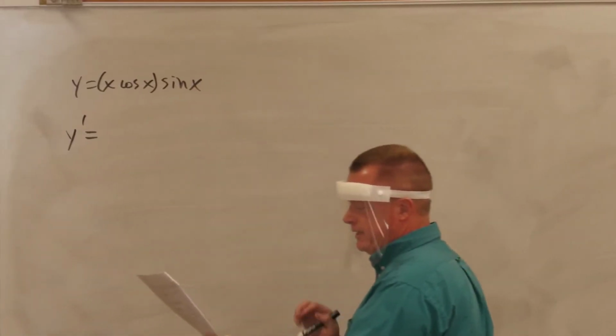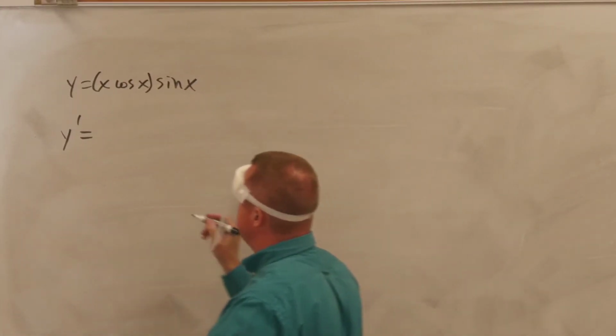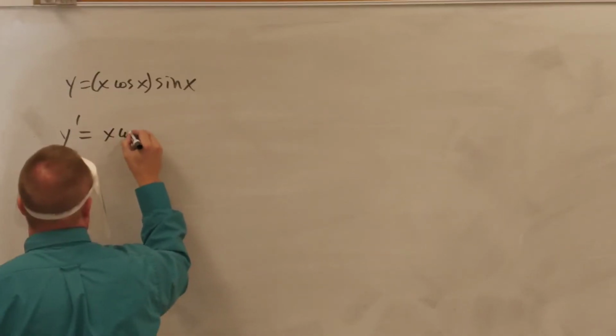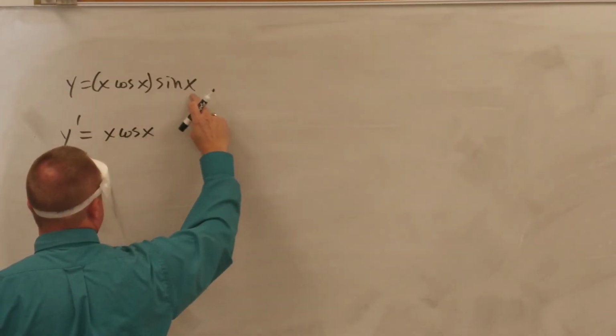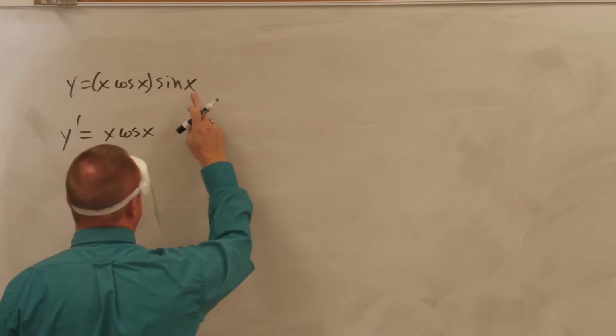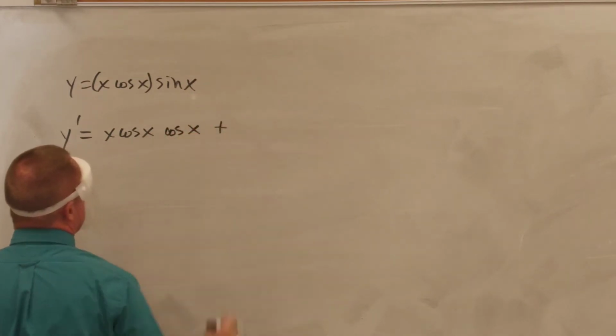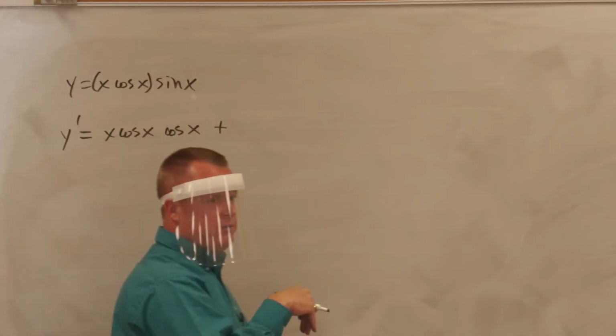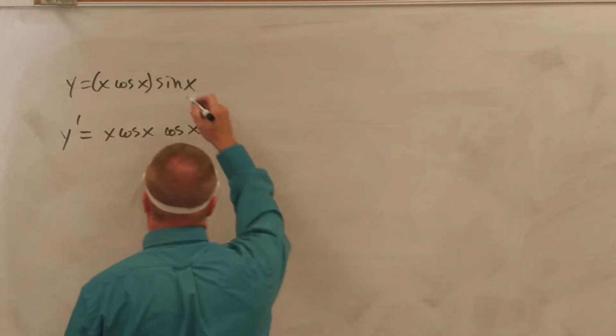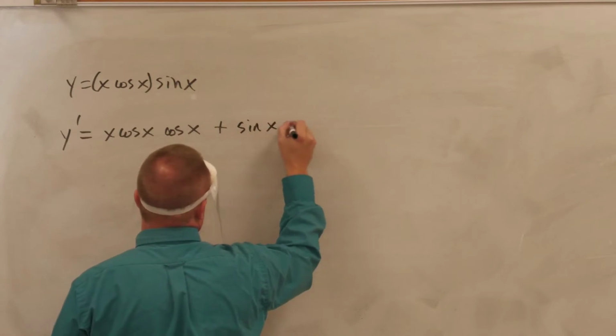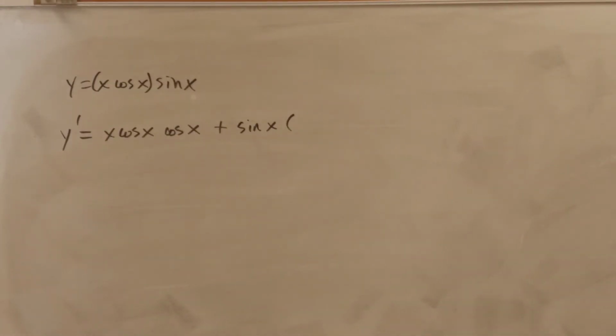So I'll say y prime is equal. Okay, so I did the first times derivative of the second. So x cosine x times the derivative of the second, derivative of sine, is cosine x, and plus the second times derivative of the first. So now I've got sine x. When I multiply that times the derivative of the first, I am multiplying by a product, right?